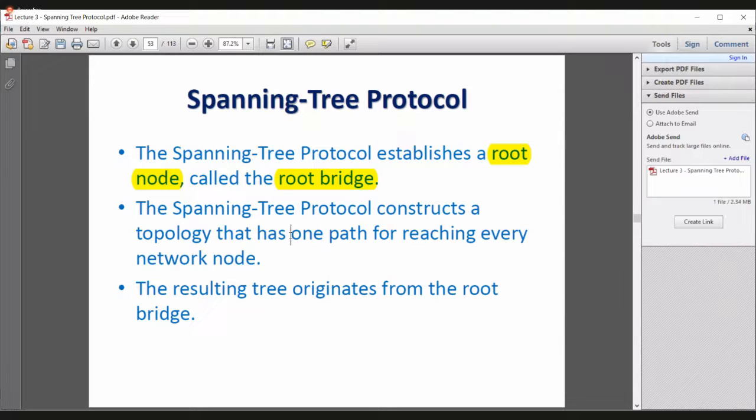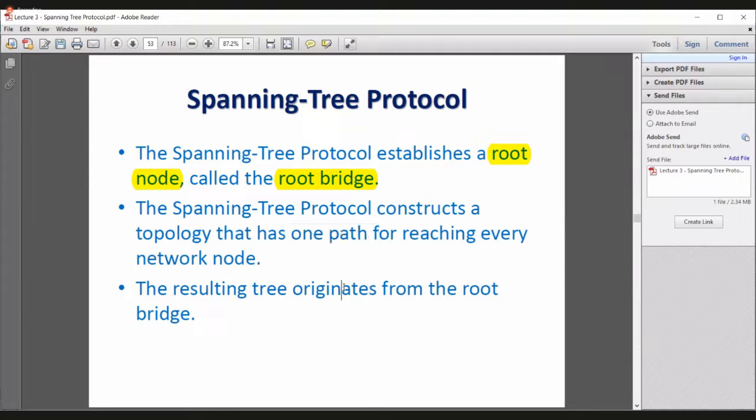That is the true meaning behind the tree. There is actually one path, not at least. There is one path for reaching network nodes, right?